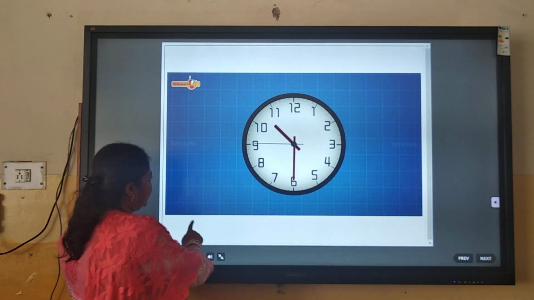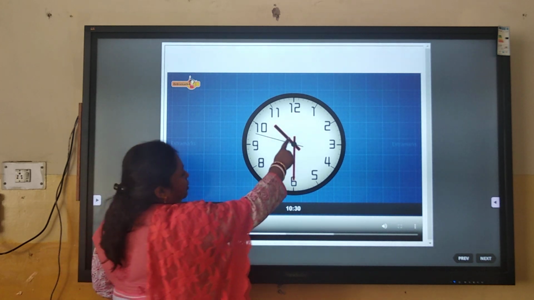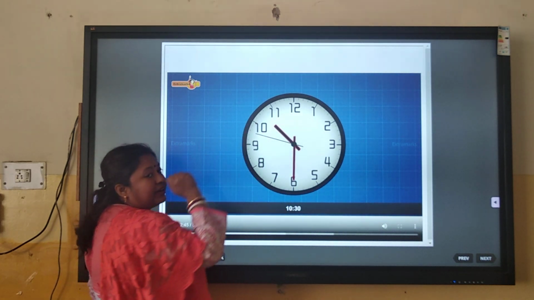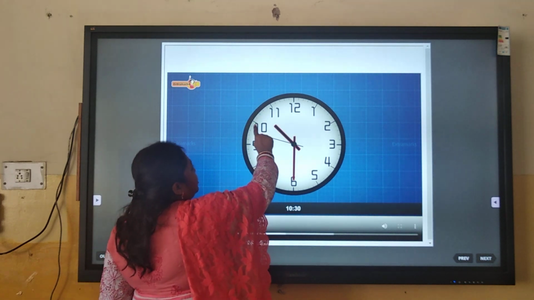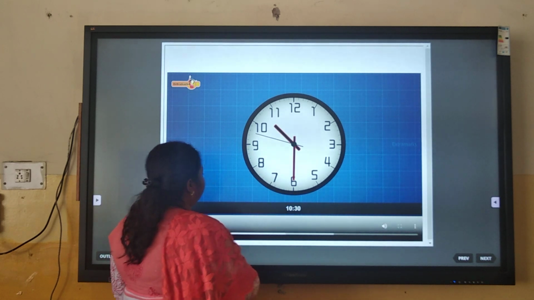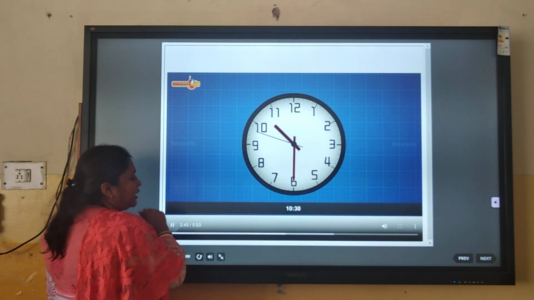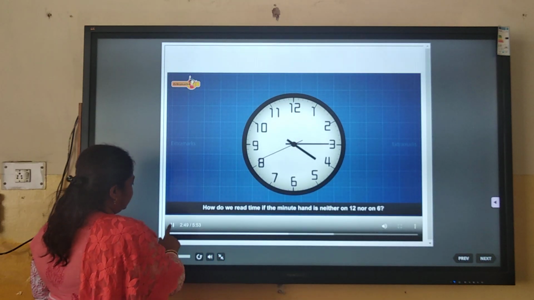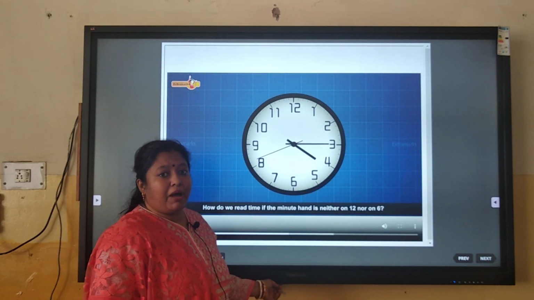Similarly, here one more example we have. Here you can see in place of 3 and 4, the hour hand is now pointing between 10 and 11. So this time we will write as 10:30, because the hour hand has crossed the 10 marking.